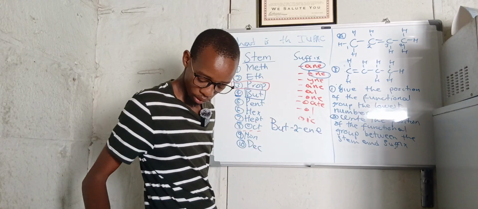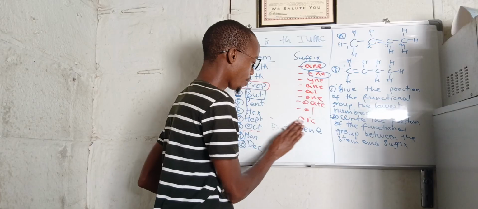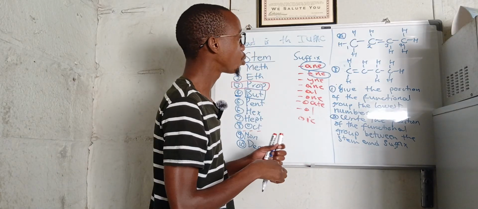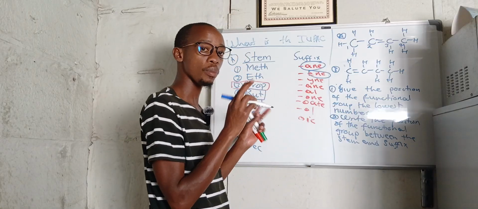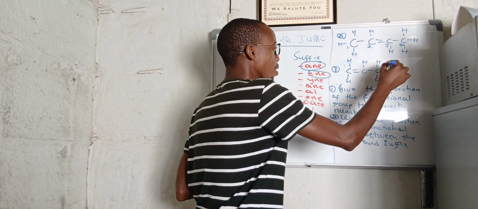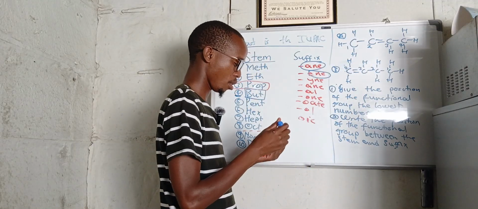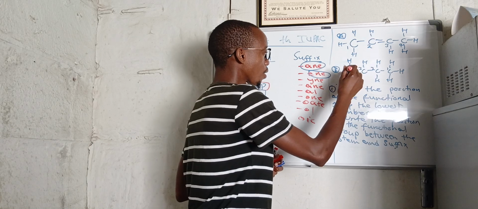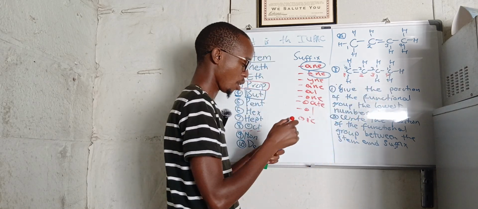Now, let's attempt structure number 2. Naming it is like this. We are going to count in both ways. Starting to count from this side, 1, 2, 3, and 4. And then I'm going to count from this side also, 1, 2, 3, and 4.